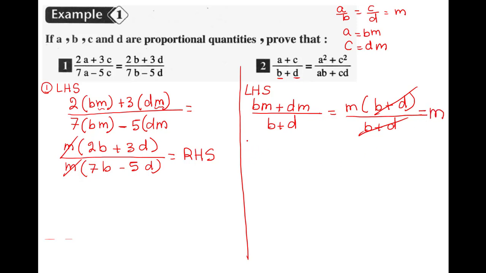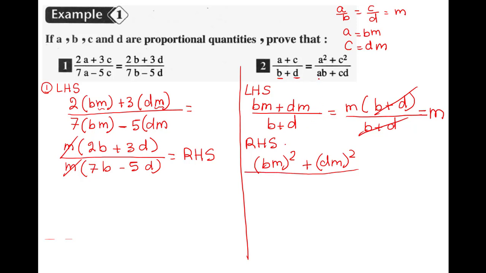Now I'll begin to look at the right-hand side. I have A squared. Instead of A, I'm going to put BM, make it squared, plus C squared, instead of C, DM, make it squared, over.